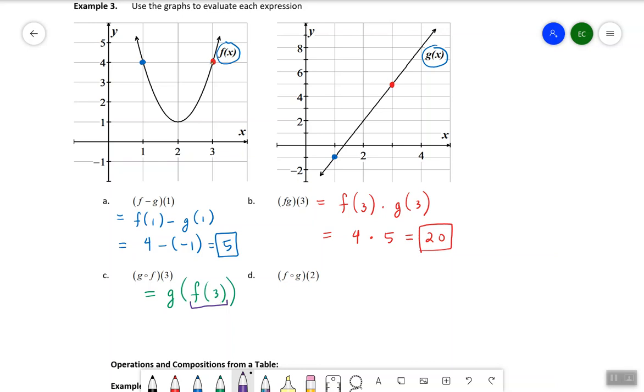In this case, make sure you're on the f function. When the input is 3, the output is 4. So we want g of 4. Over on the graph for g, we see that when the input is 4, the output is 8.